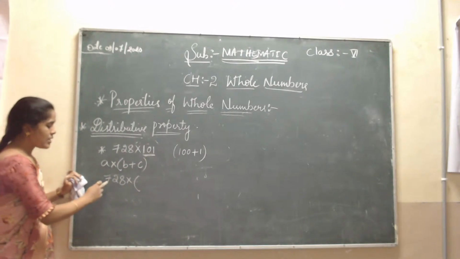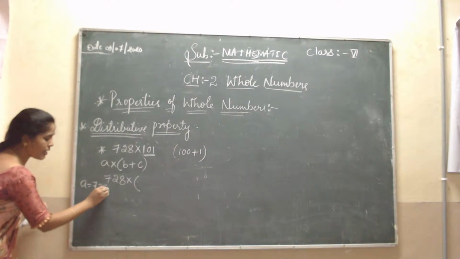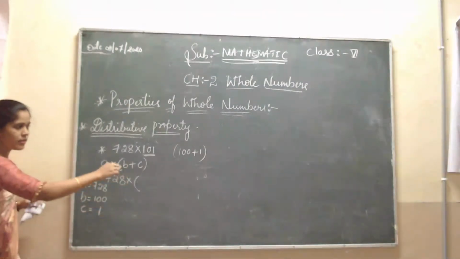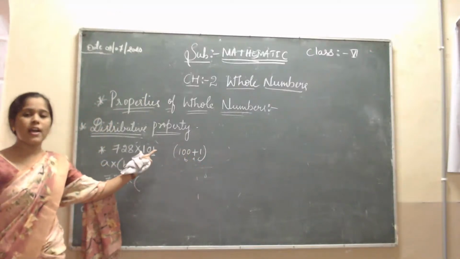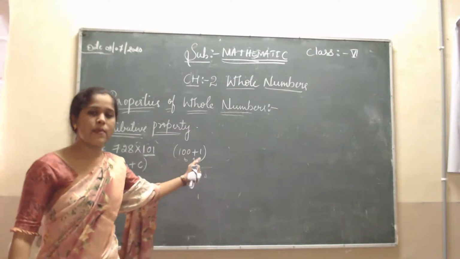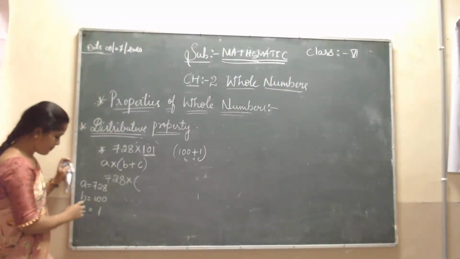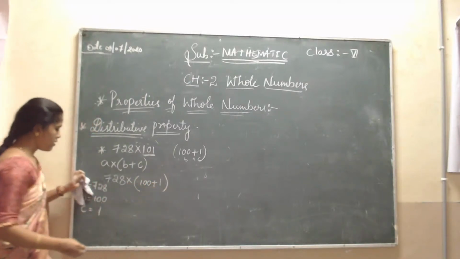So here A is 728 and B is 100. Here C is 1. This is B and this one is C. We are splitting 101 as 100 plus 1.